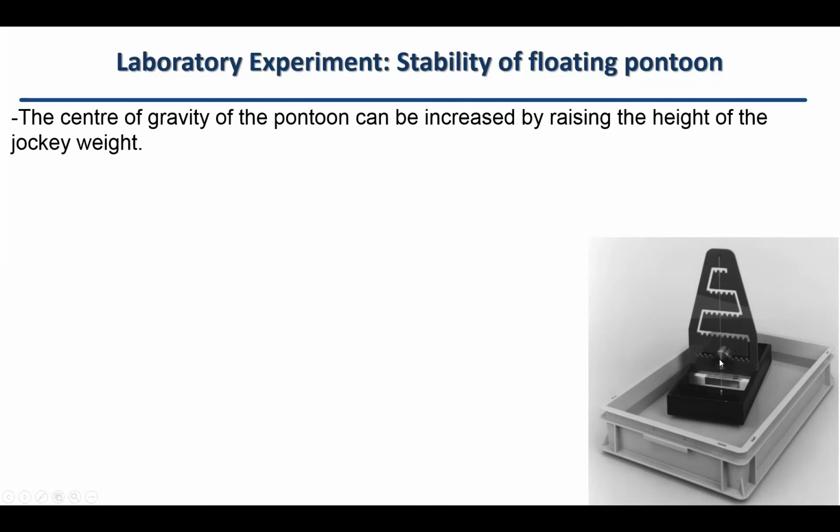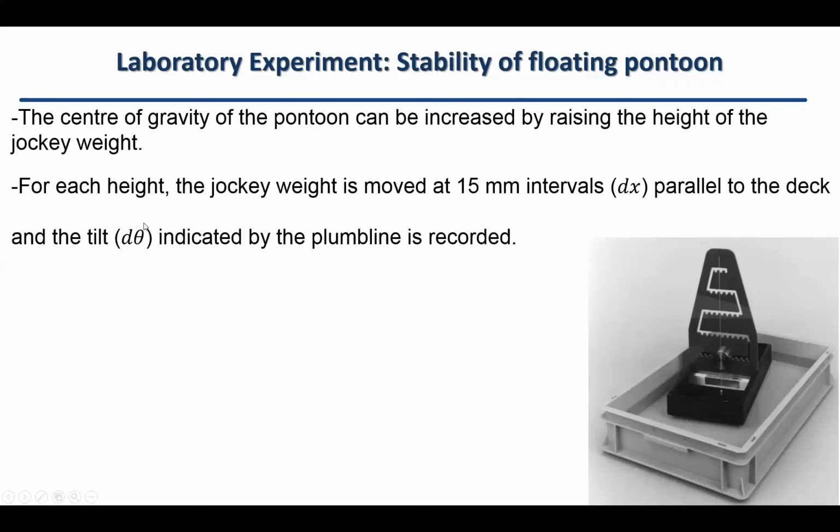We can change that, and as you can see here, there are indents, and for every movement you can go to the left and right to provide the lateral displacement of the jockey weight. For each height, you can move it in 15 millimeter intervals, denoted by dx or delta x parallel to the deck.